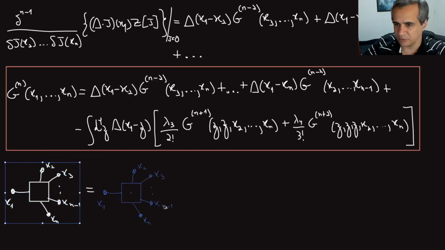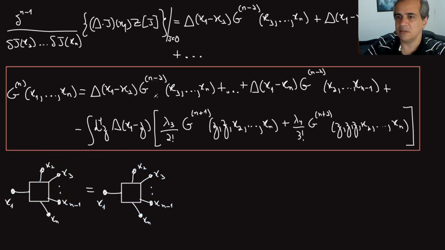Let me copy this because it's useful. See, in here I have a Green function that is a function of all points with the exception of these first two, which are in fact connected to each other. I have a propagator from here to there, and I have a leftover Green function which depends on two fewer points now.